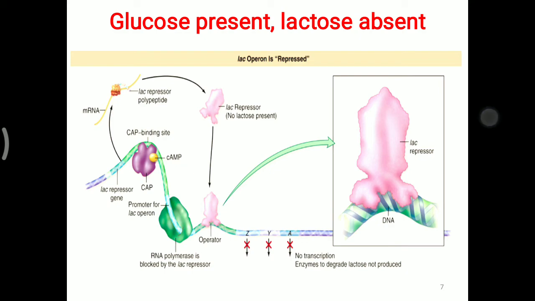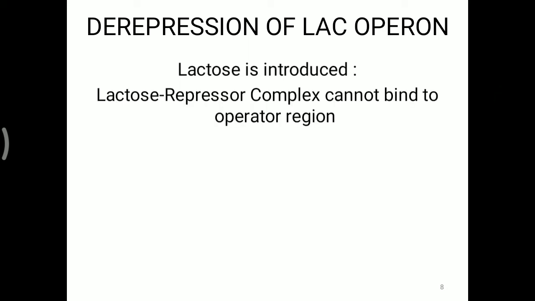Now another condition is the de-repression of the Lac operon. What happens when lactose was previously not present, but lactose is now introduced? Lactose will attach over the repressor, and a lactose-repressor molecule complex will be generated that cannot bind to the operator region.